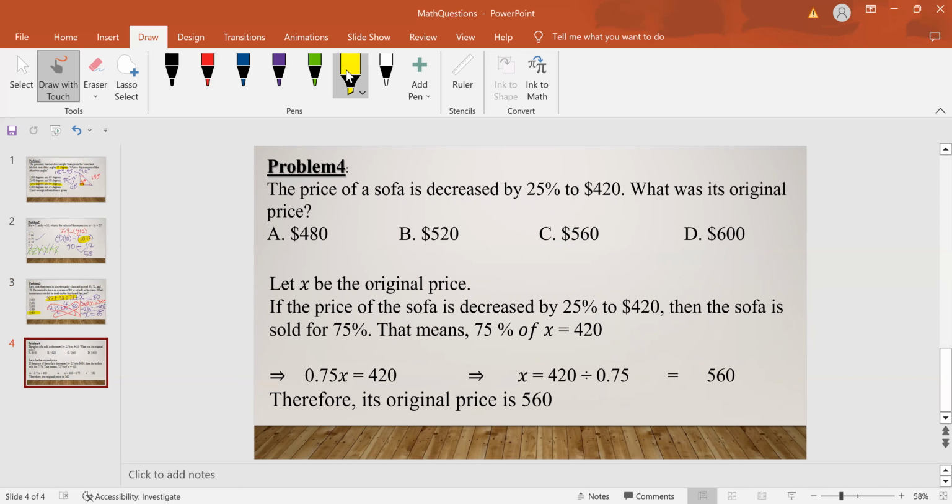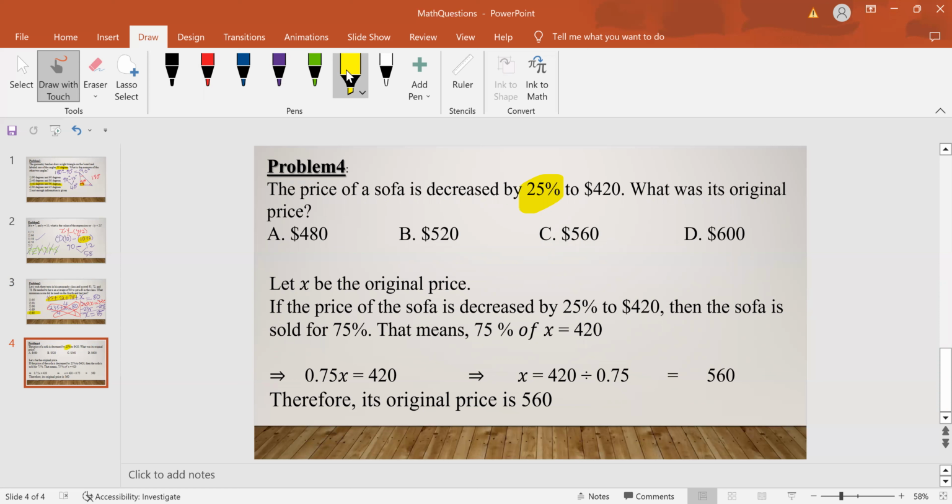The price of a sofa is decreased by 25% to $420. What was its original price? Okay, you have to understand that when they say a price is decreased by 25%, that means what?